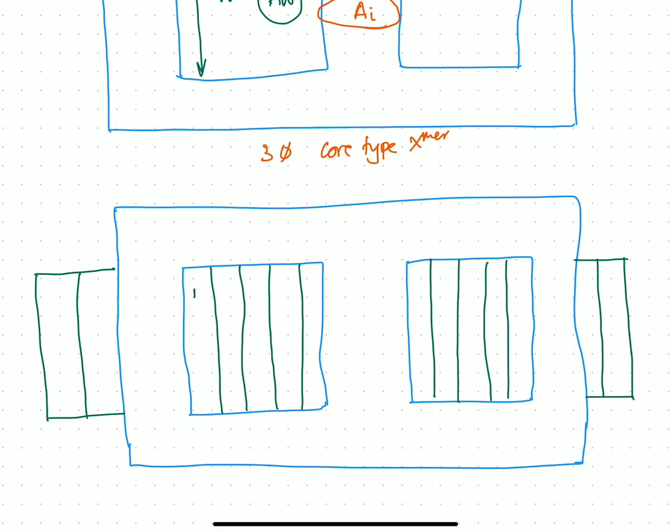So you have the LV, this is the HV, this is the LV for the second leg, this is the HV for the second leg, this is the LV, this is the LV, and this is the HV, and this is the HV.